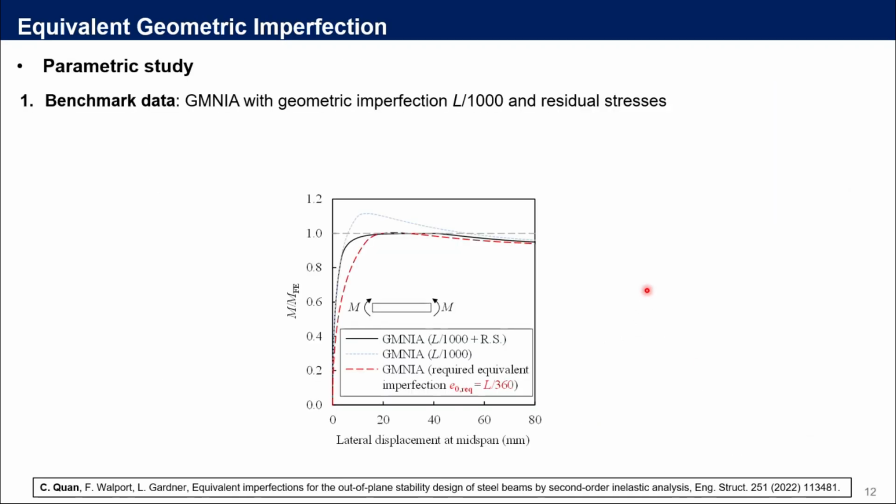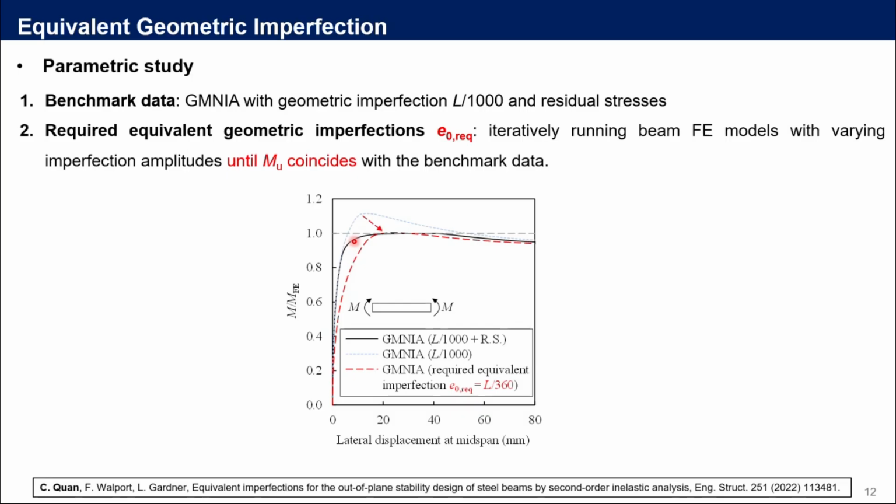So in parametric studies, to obtain the required equivalent geometric imperfections, first we need to perform GMNIA with both geometric imperfections and the residual stresses together to obtain the benchmark data of the design member resistances, as presented by the black curve.